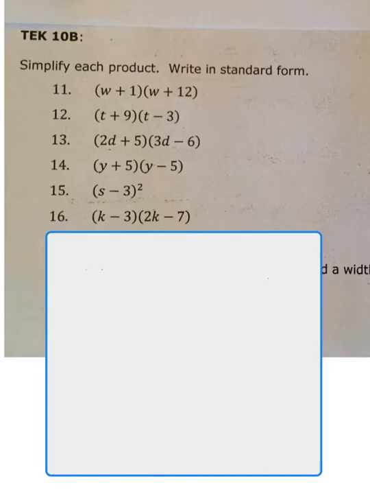So here we go. K times 2k is 2k squared. Now the outer terms, k times negative 7 is minus 7k. Inner terms, negative 3 times 2k is going to be negative 6k.